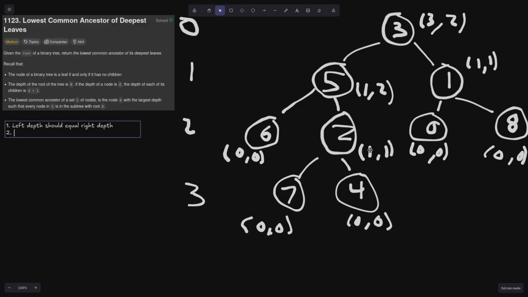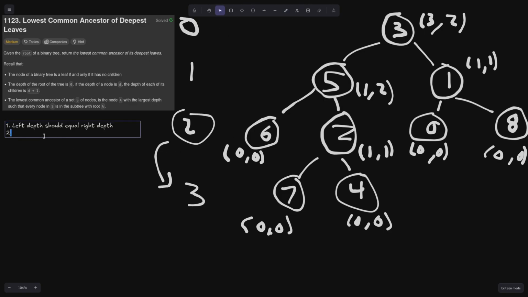The depth of this tree plus the depth that 2 is at in the tree should be equal to the total max depth, which is 3. So what I'm saying is that at any node on any level, the depth of the subtree should go down to the deepest depth. So in this case, 2 plus 1 equals 3.